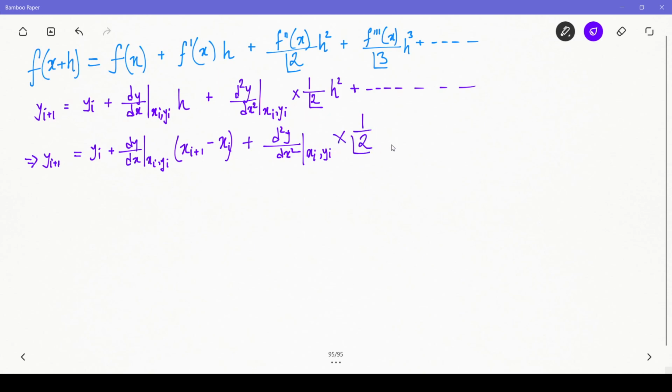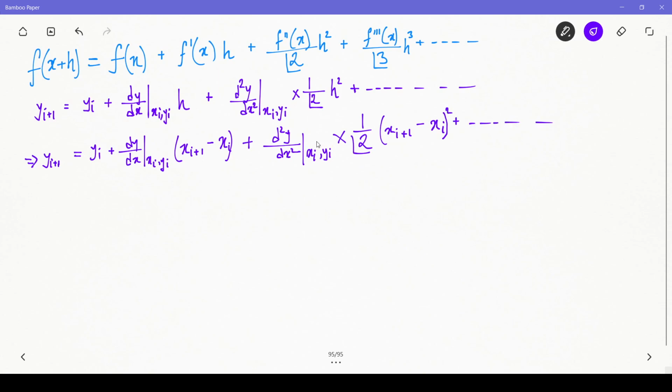This 2 factorial will come over here, and instead of h we are writing xi plus 1 minus xi, the succeeding point minus the preceding point, whole square, right? And the cubic term will be the same.